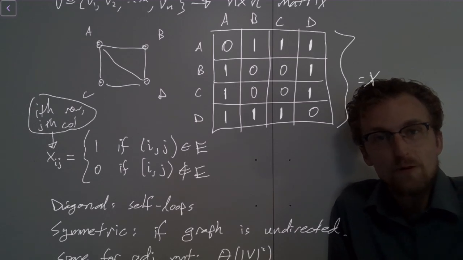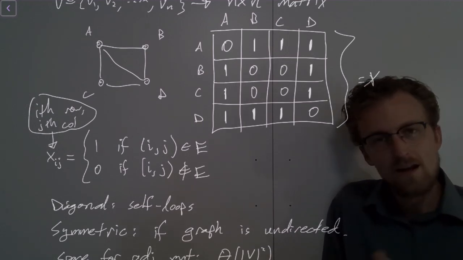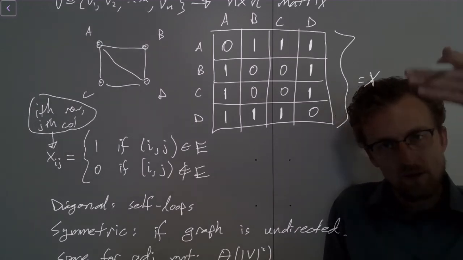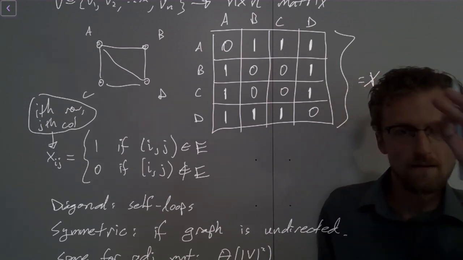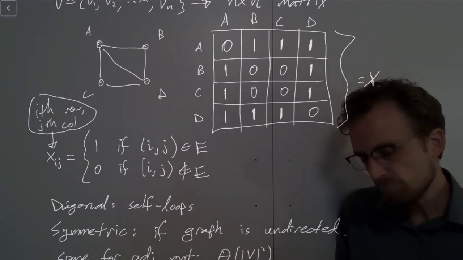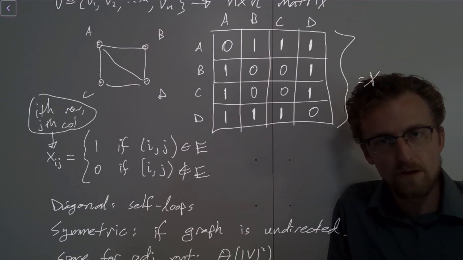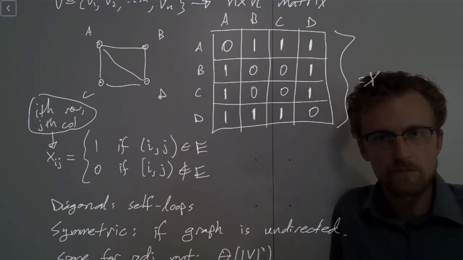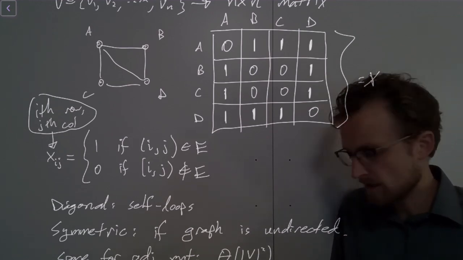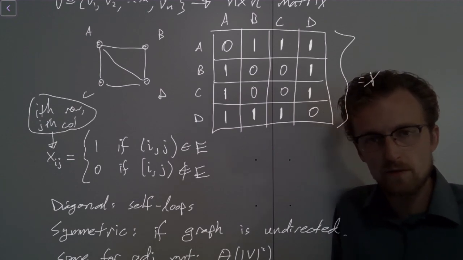I've got a matrix that has V down one side and V across the other side, so the total number of spots I have to fill is V squared, the cardinality of the vertex set squared.